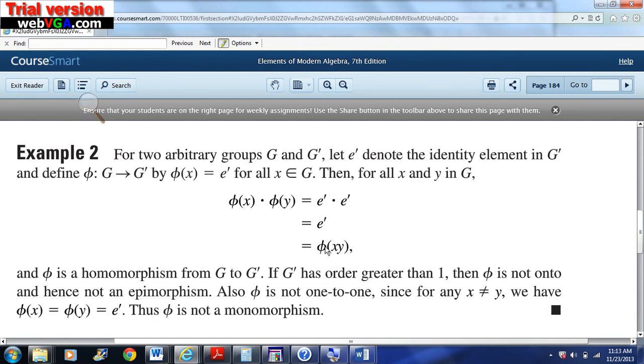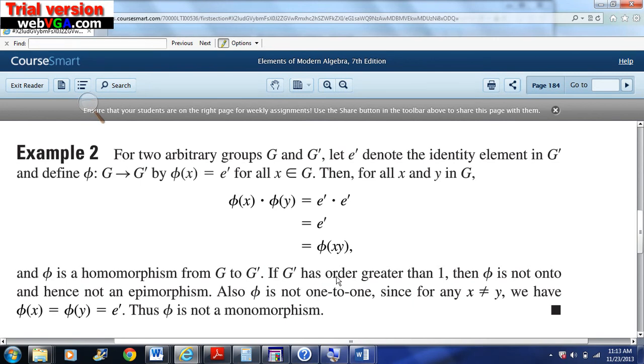So thus you have shown that the property is satisfied for homomorphism. So that means that phi is a homomorphism from G to G prime.